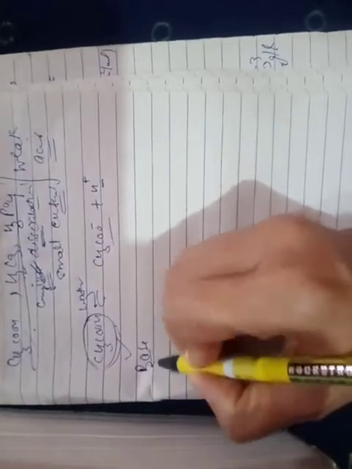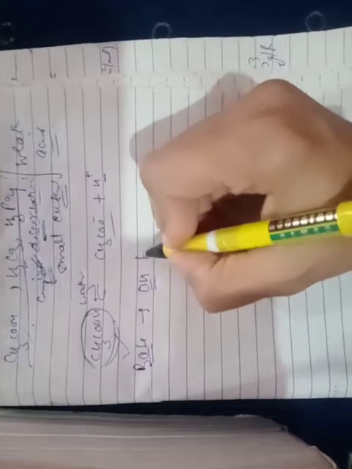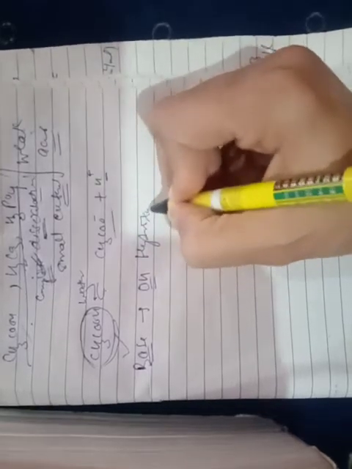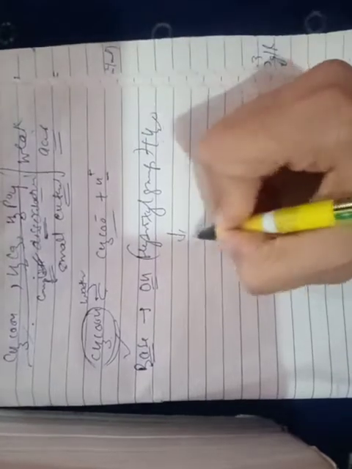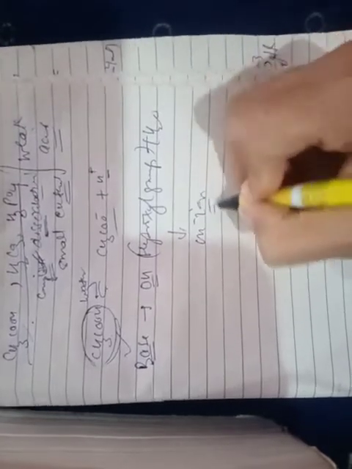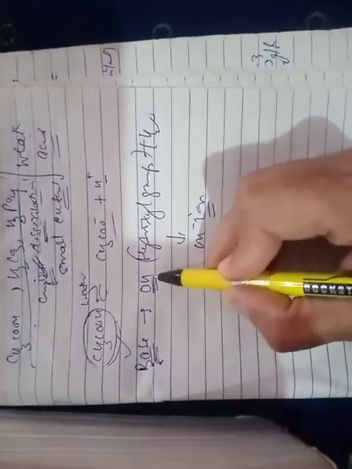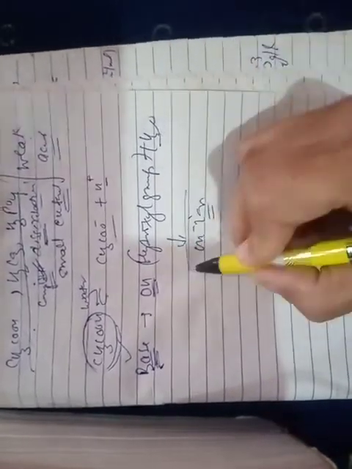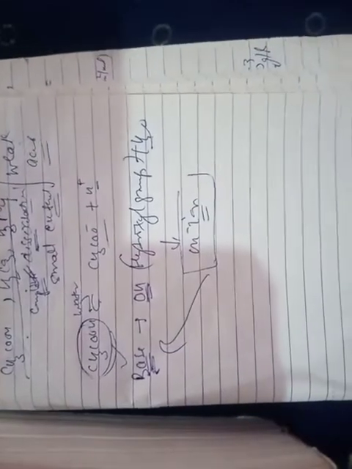Similarly, according to Arrhenius, a base is defined as a substance which consists of the hydroxyl group, OH, and when dissolved in water it produces the respective hydroxide ions. Such compounds are called bases.